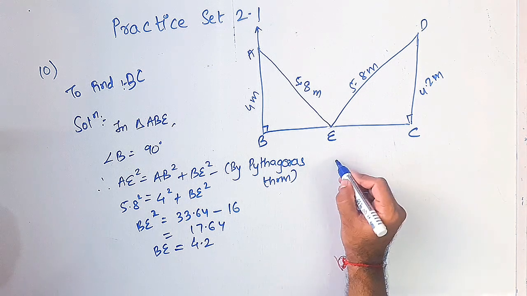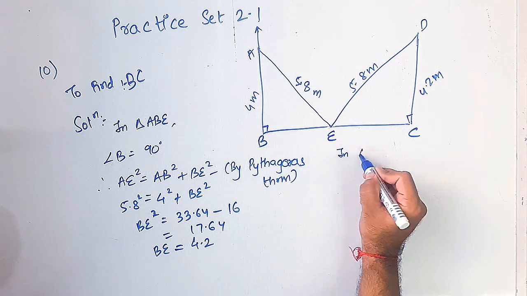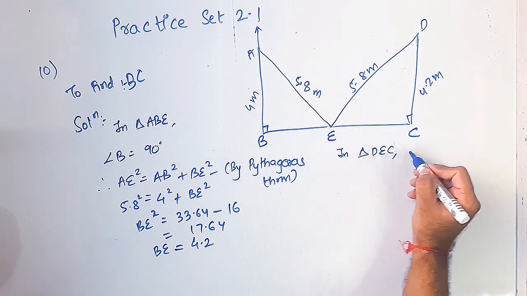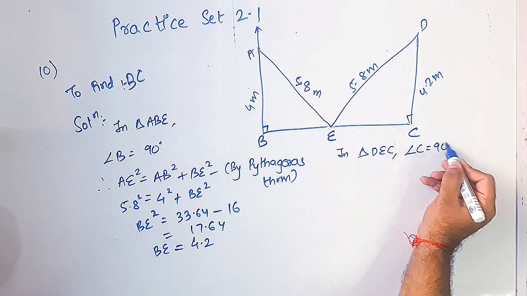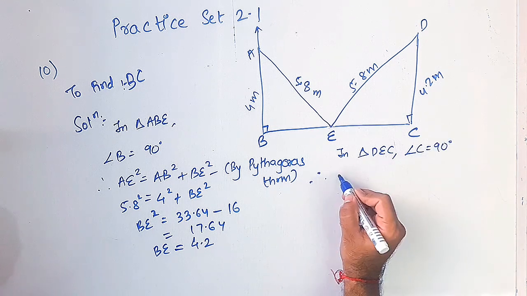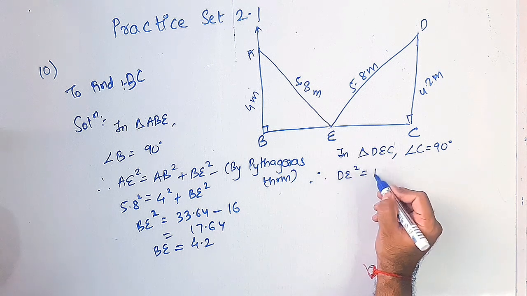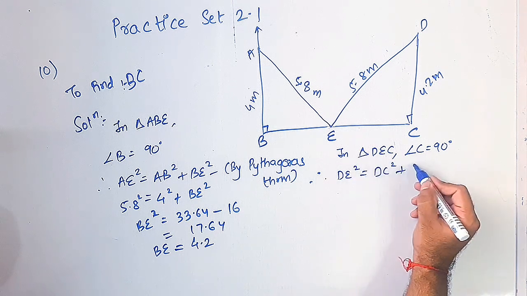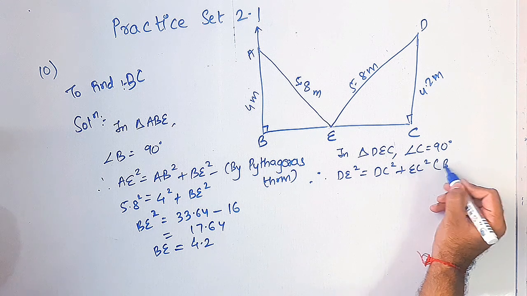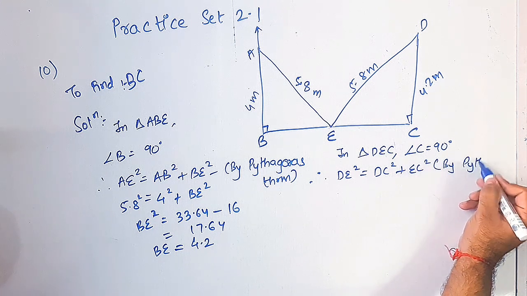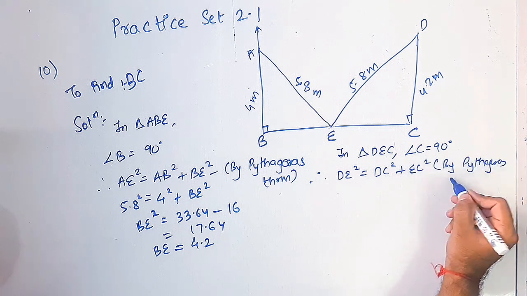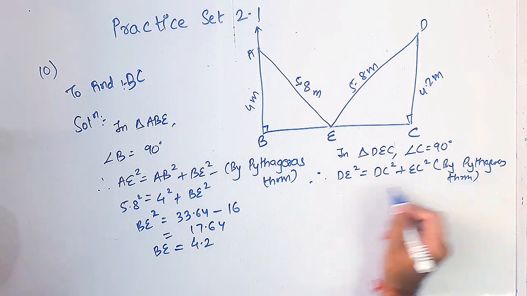So EC also we will find by Pythagoras theorem. In triangle DEC, angle C equals 90 degree. Therefore, DE square is equal to DC square plus EC square. This is by Pythagoras theorem.